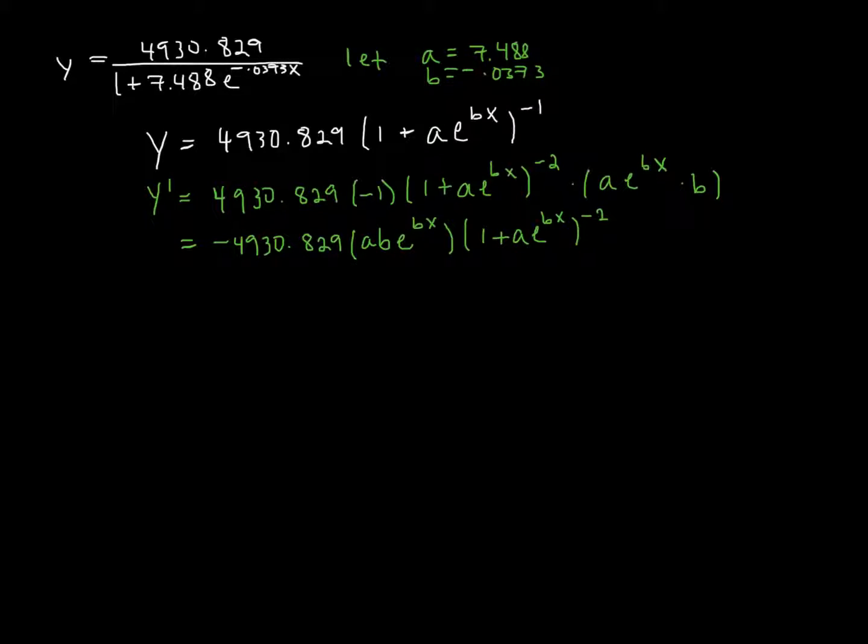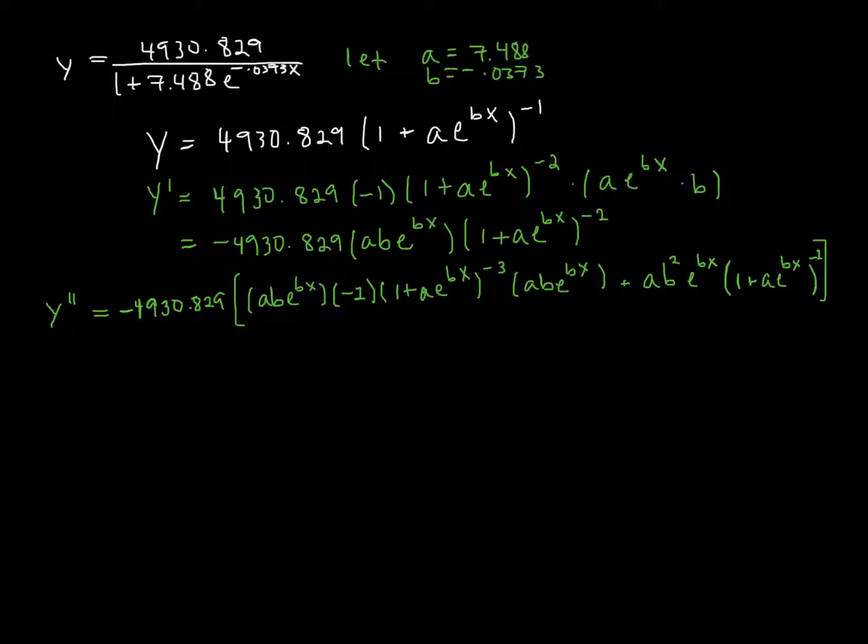Now we want to take the second derivative, because remember, this is the function that we're trying to maximize. So we want to take the derivative of this function. Now to do this, remember, we can keep this constant out front, and then here we just have two functions of x, and so we can use the product rule here. So I'm going to set up the product rule to take the second derivative.